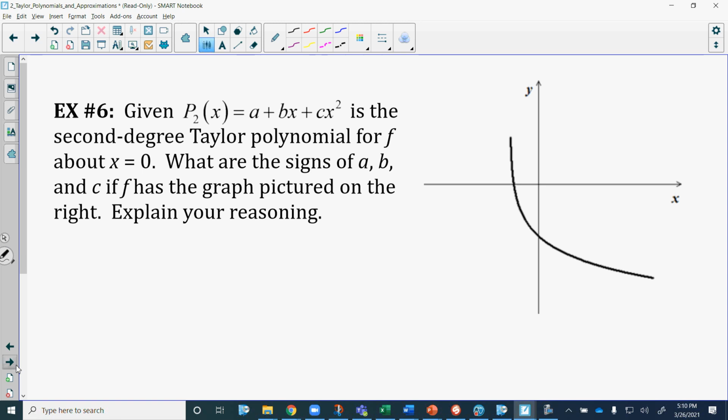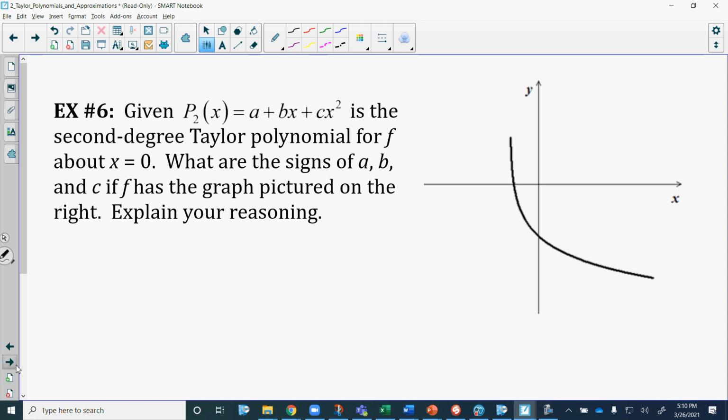So there's two more examples that we're going to take a look at in the lesson, and they're really just talking about, do you understand the behaviors of what a Taylor polynomial is going to be, and can you make some conclusions about a function using information from a Taylor polynomial?